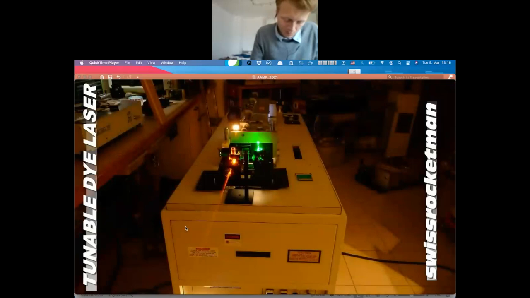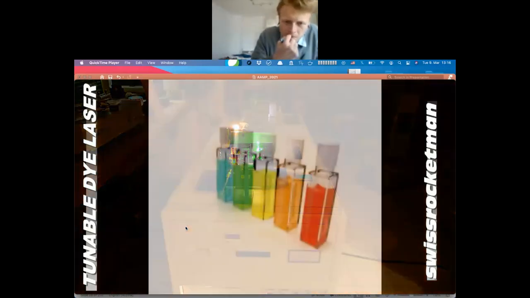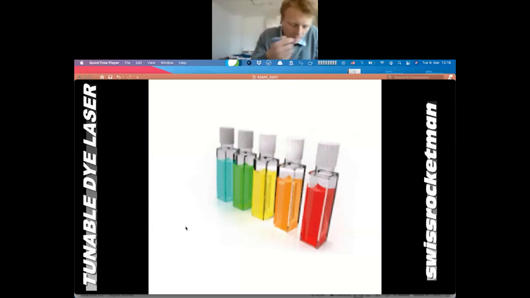This is easily done in dye lasers, because you can realize your laser medium by a beam of liquid, and there is always new liquid coming in, and you can cool the liquid efficiently. So this is why liquid-based dye systems are still popular.